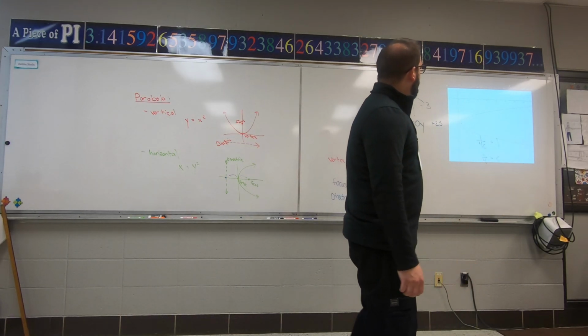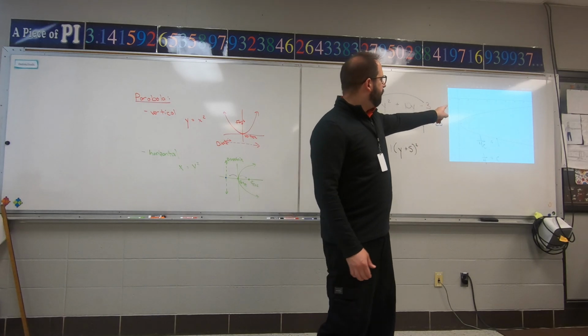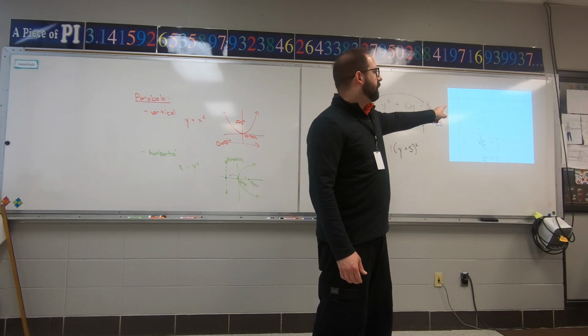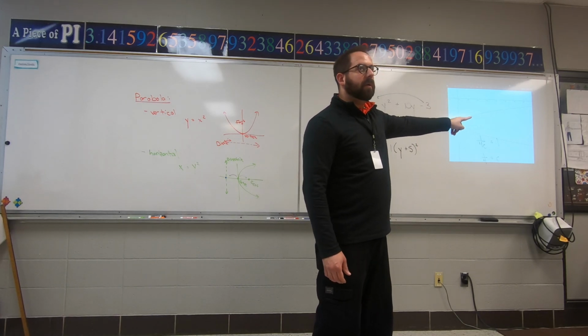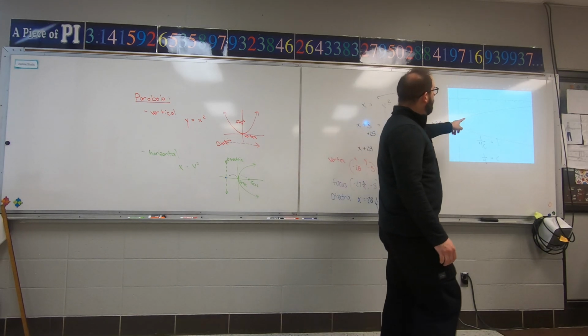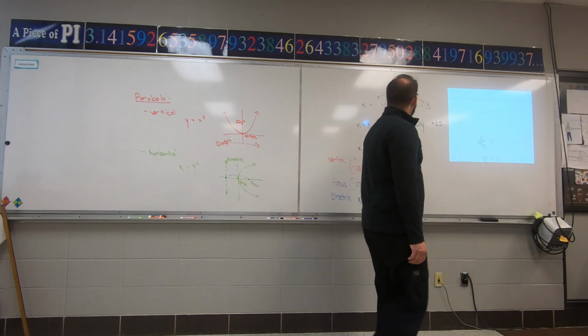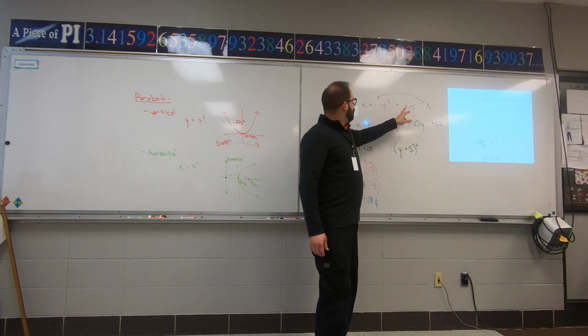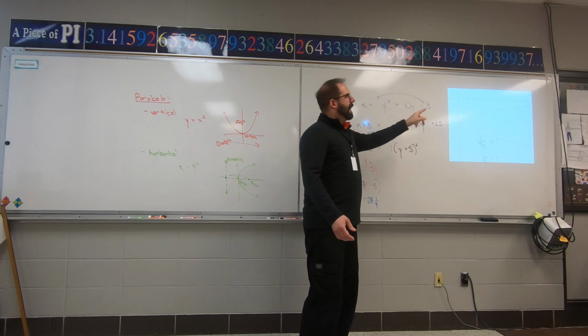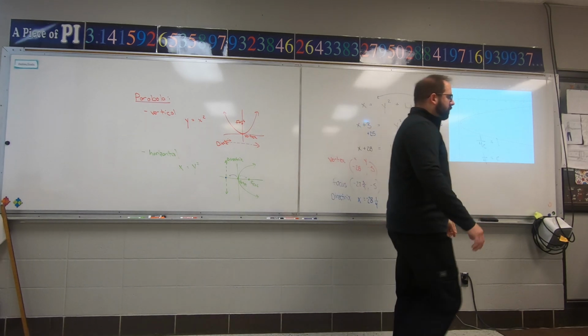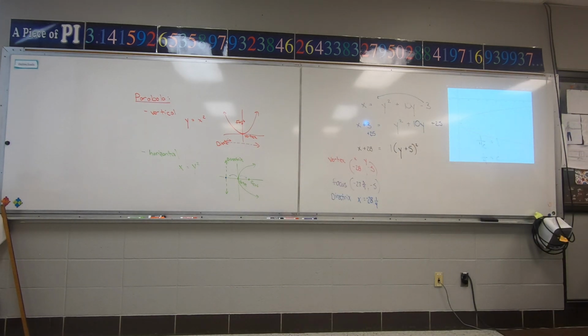So how many times will that function hit the x-axis? That curve? Once. It'll hit it way over here. So if you need to figure out where it hits the x-axis, you'd have to plug in a 0 for all the y's and solve. So it actually hit at negative 3 down the road. In fact, I'm going to scroll so you can see that.